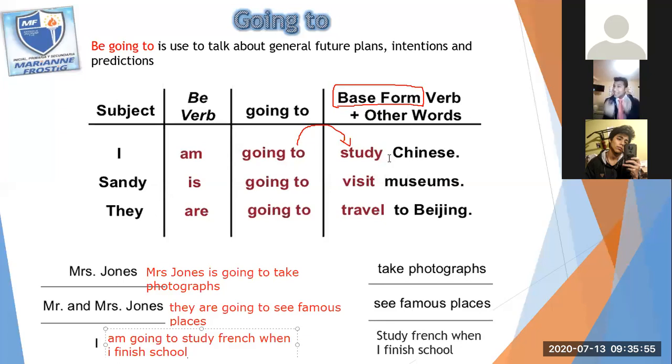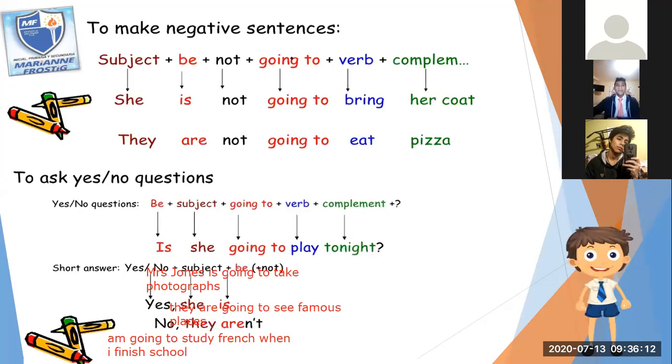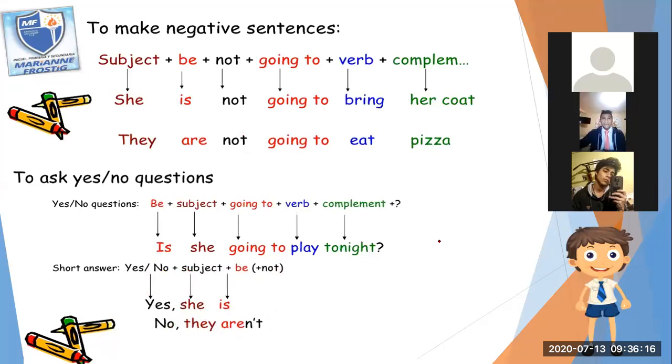In questions, we use the verb to be at the beginning, at the start, or at the end? At the start. At the beginning. Very good. So, let's continue. Okay, give me a second. Okay, very good. Look, to make a negative sentence, we use not after the verb to be, okay?